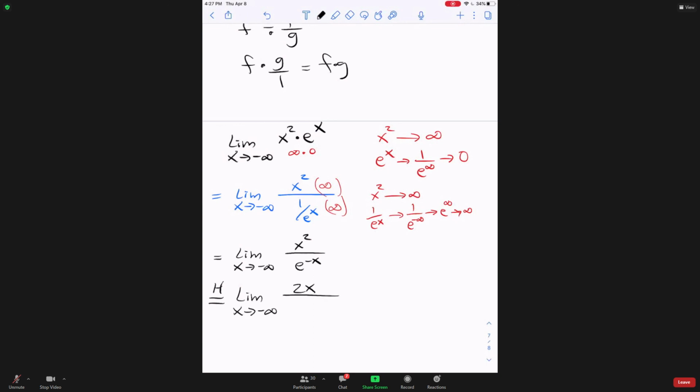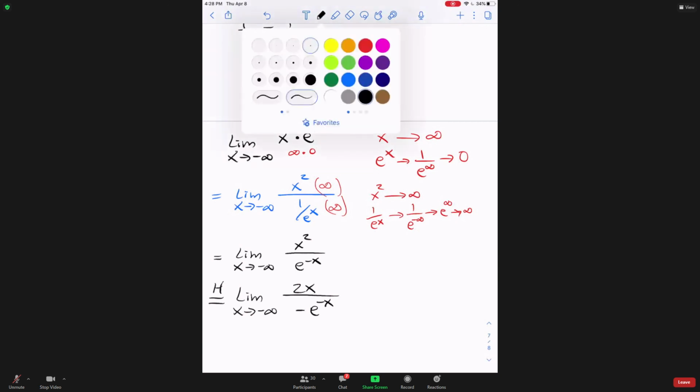Derivative of the top is 2x. Derivative of the bottom is itself, because it's e to the negative x times the negative 1.